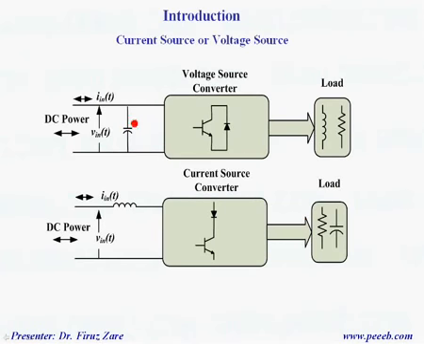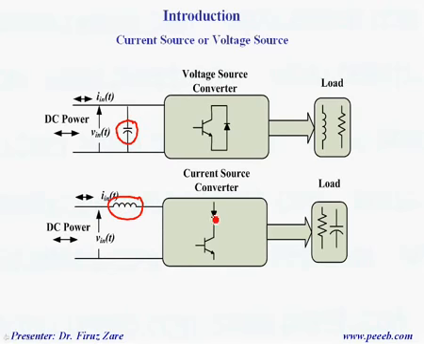When we talk about voltage source inverters, we can provide DC voltage using a large capacitor, or we can generate a current source using a large inductor. Because the inductor is very large, that means it's very bulky, expensive and heavy. That's why in high power applications, we need to have a large inductor.